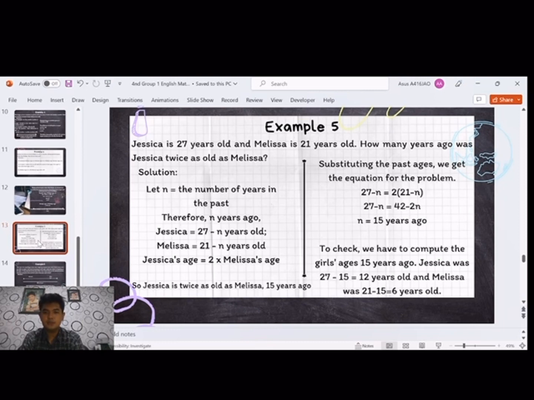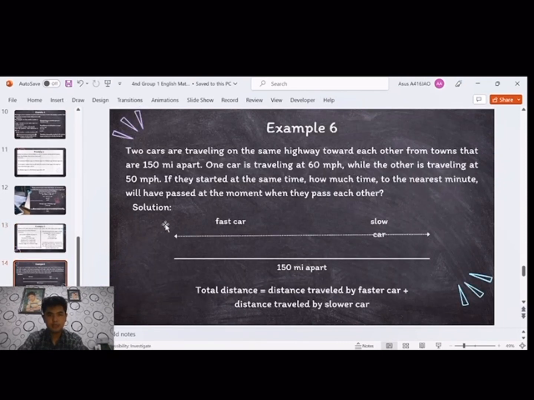Jessica was 27 minus 15, which is 12 years old, and Melissa was 21 minus 15, which is 6 years old. So Jessica was twice as old as Melissa 15 years ago.